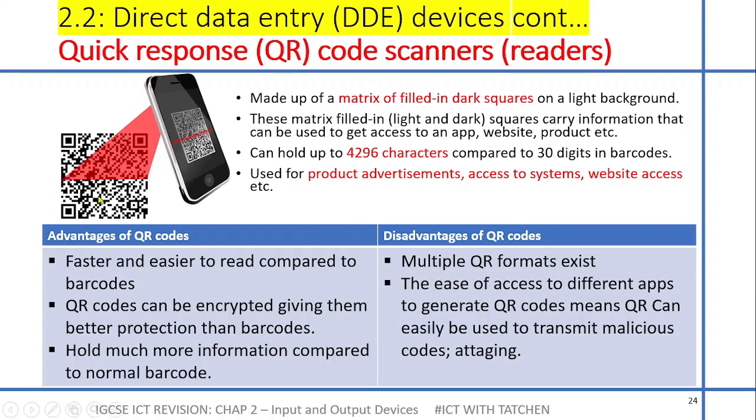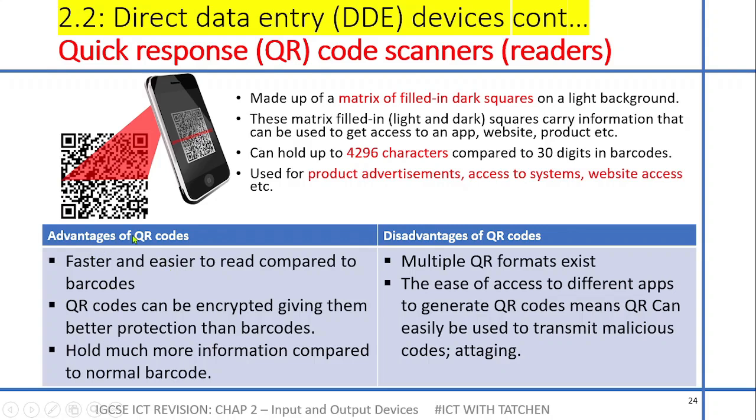Now, the QR code can hold up to 4,296 characters compared to 30 digits in a barcode. So that is a big advantage over the barcode. We can use this QR code for product advertisement, access to systems, website access, and in many other areas.